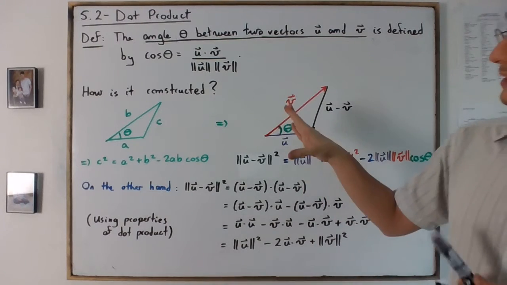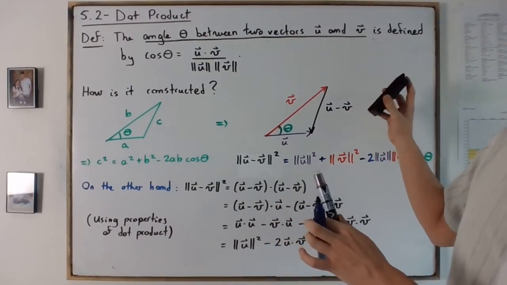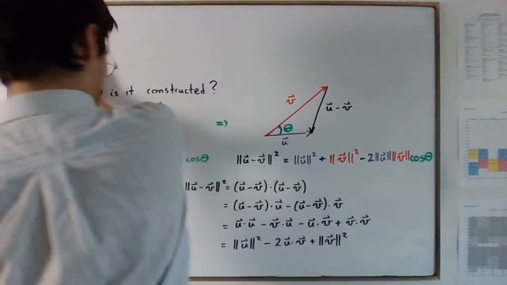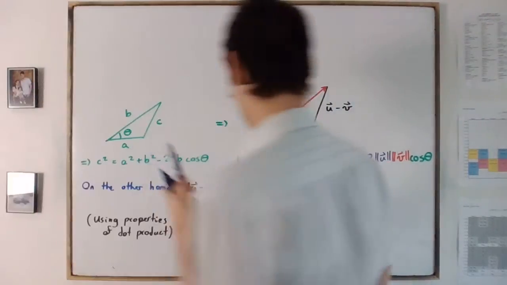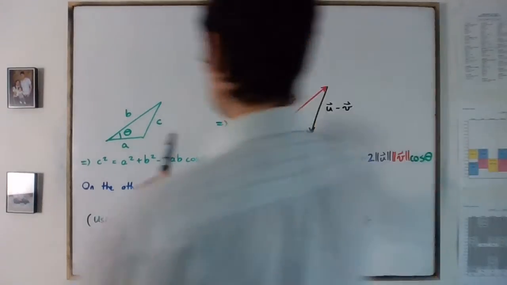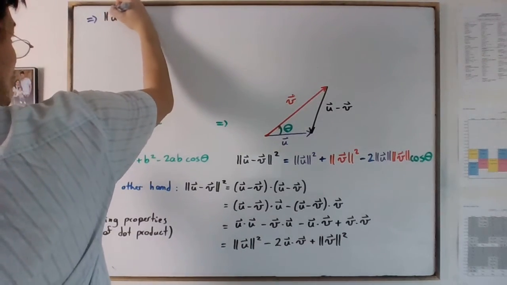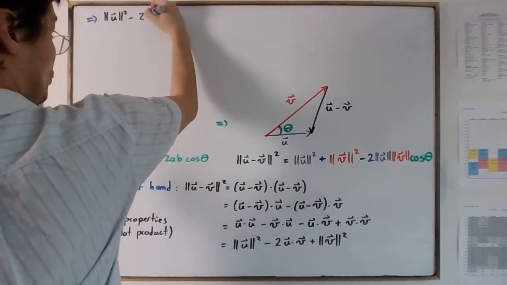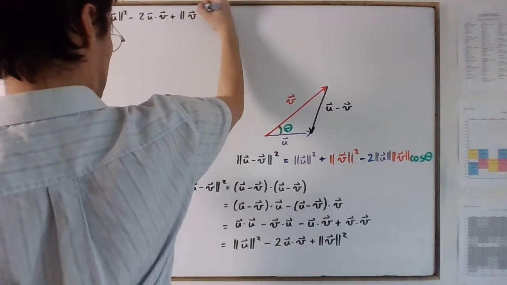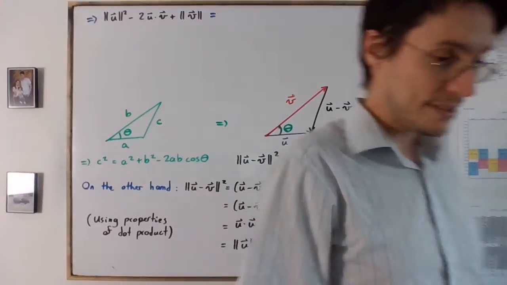So now that I have this, let's erase. By comparison, I can say that this thing, u squared minus 2u dot v plus v squared, is equal to this brightly colored side.